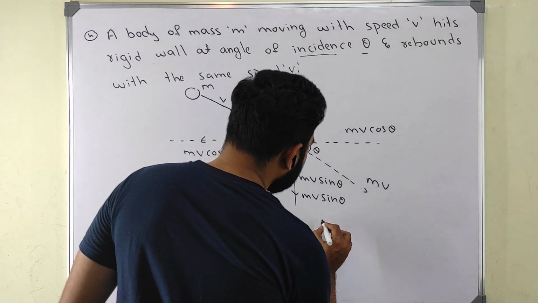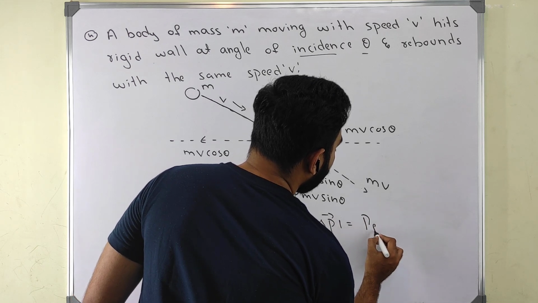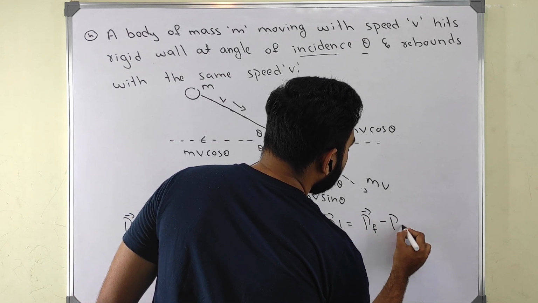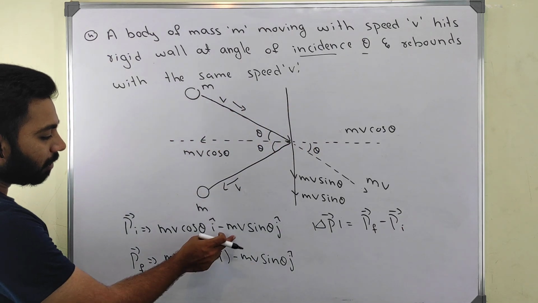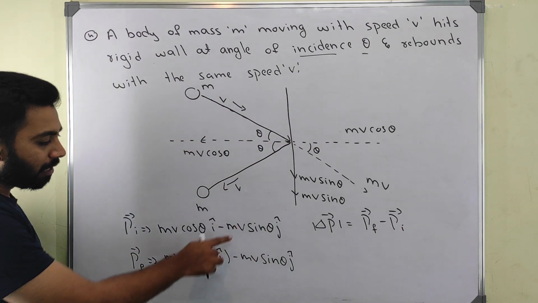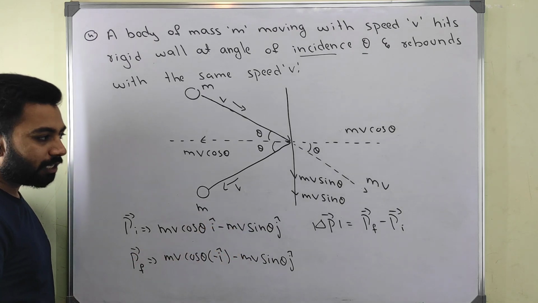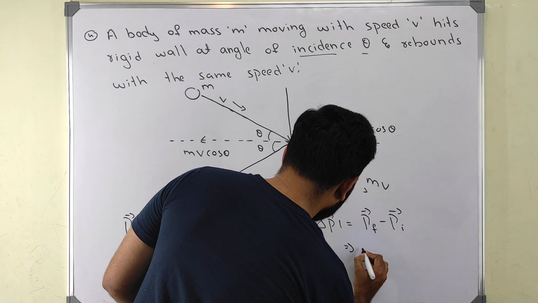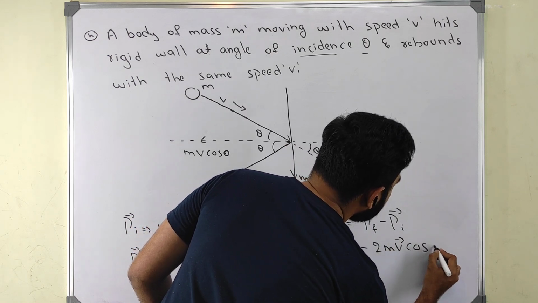Sir, if you ask me what is the change in momentum, I'll write it like this: final momentum minus initial momentum. If we do this, these two cancel, and we remain with these two only. Finally, it is minus 2 times mv cos theta.